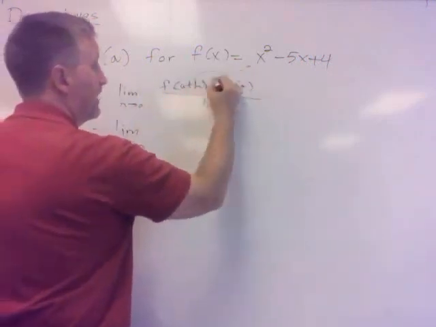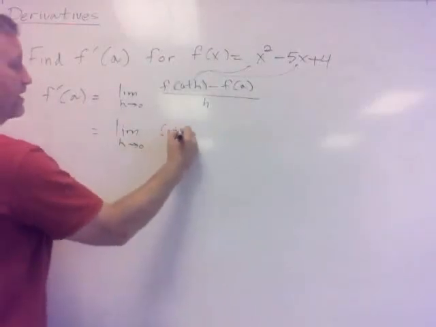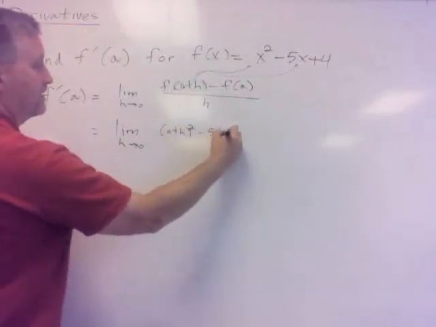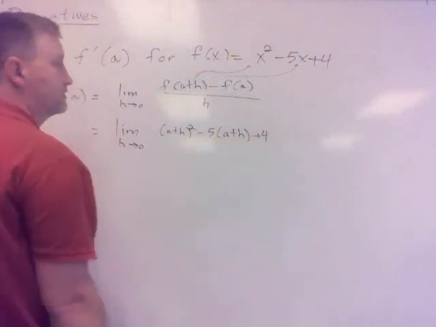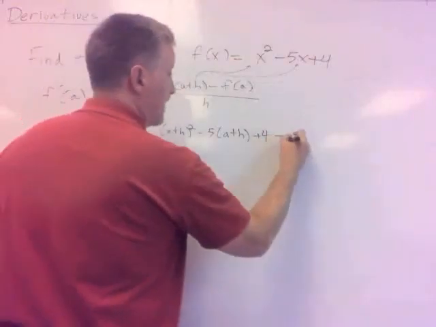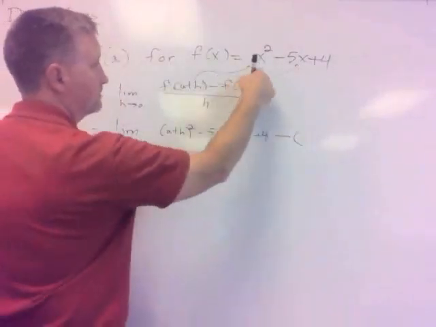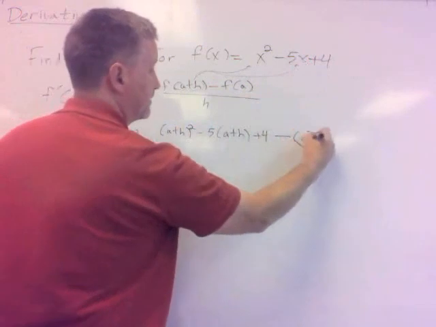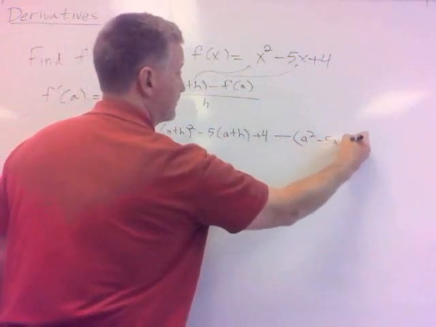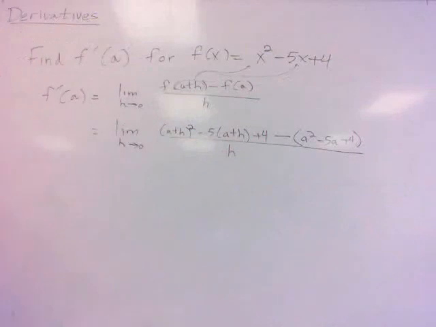Well, that means input a plus h in for x, so it would be a plus h squared minus 5 times a plus h plus 4. Then I have minus f of a. Well, f of a is going to be, plug in the a, a squared minus 5a plus 4. All that divided by h.